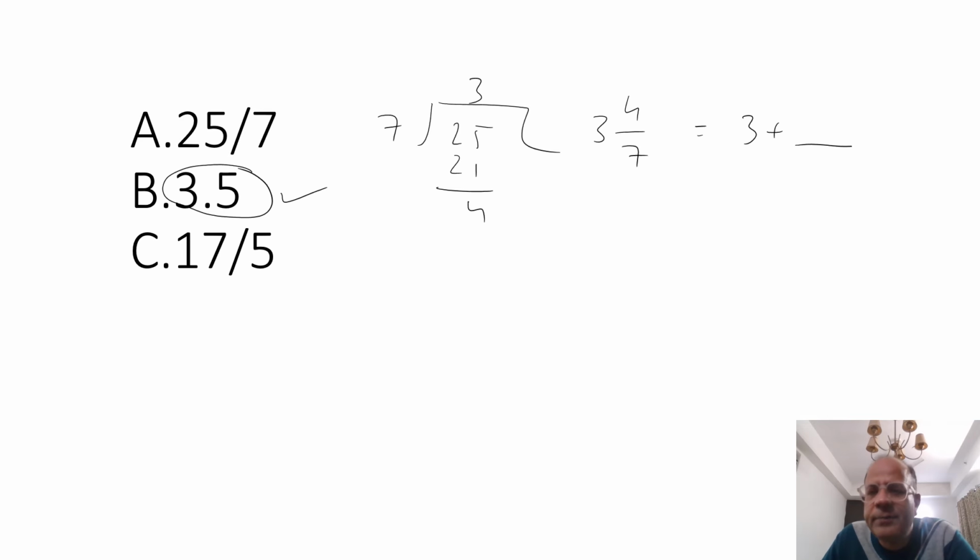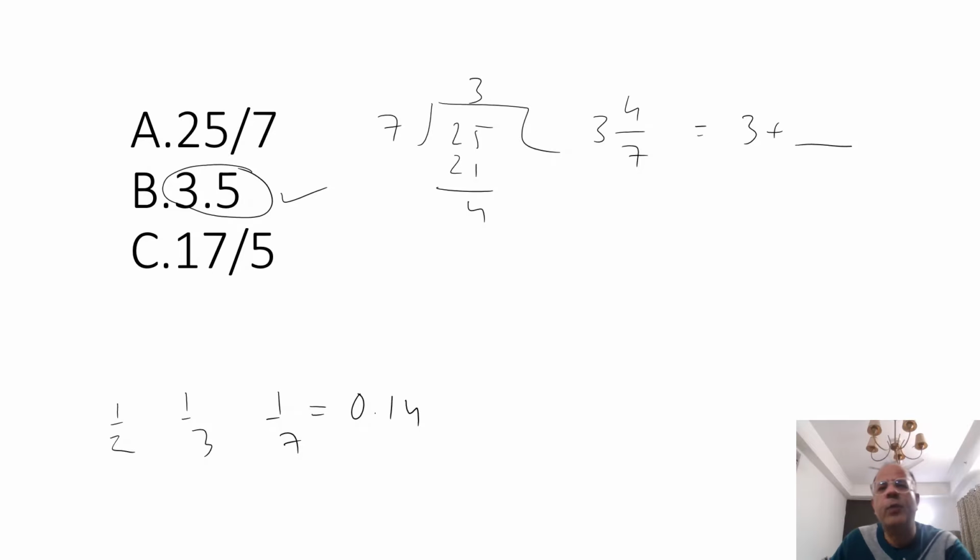In our aptitude classes, we have been telling you to remember fractions like 1 by 2, 1 by 3, 1 by 7 in terms of decimals. So this is going to come in handy over here. 1 by 7, if you remember it from the aptitude classes, is approximately 0.14.